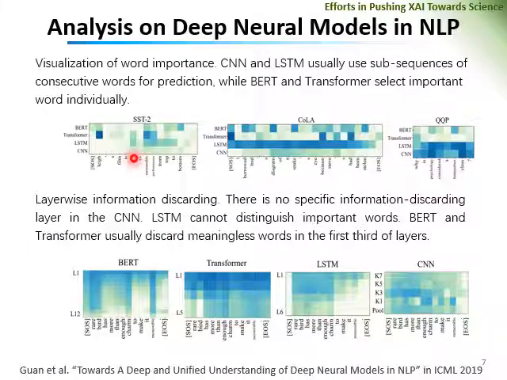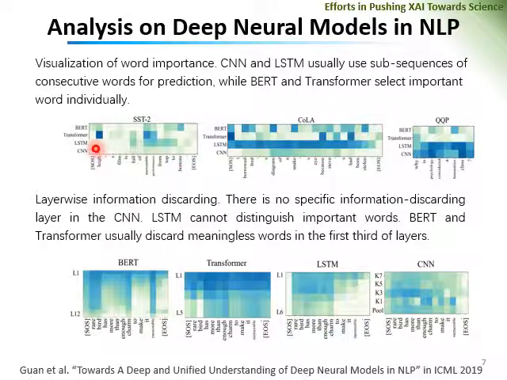We use our method to explain the success of the BERT model in NLP tasks. The horizontal line indicates the different words in the input sentence, and the different colors show the importance of different words, and the different rows indicate the importance estimated for different models.